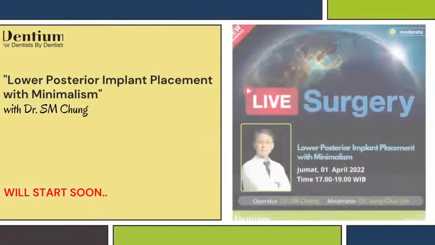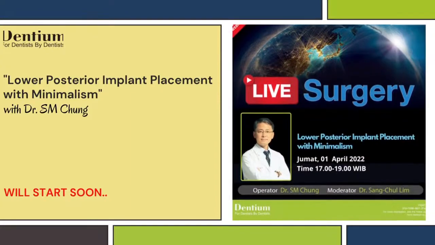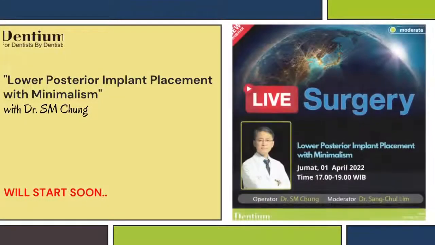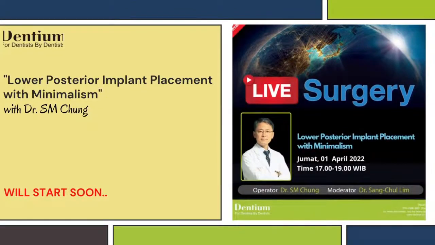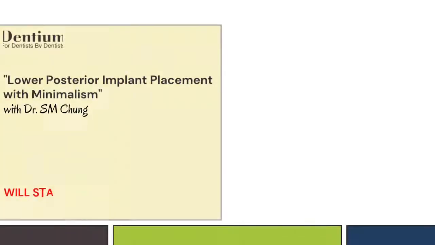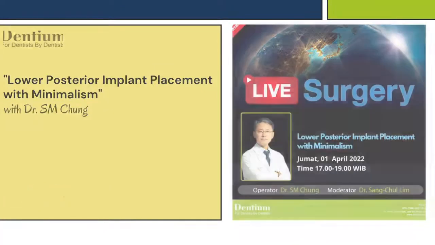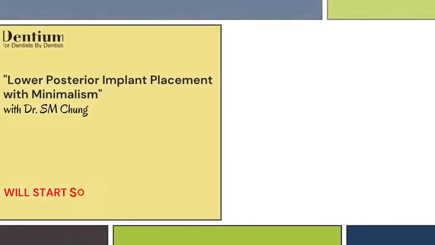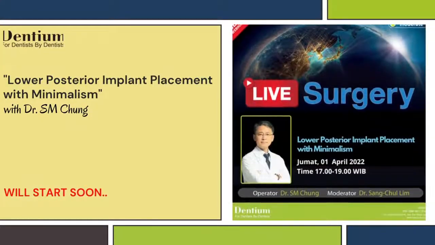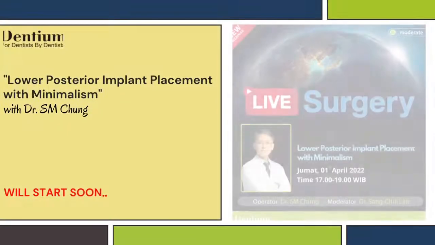Maybe he wants to check the ridge using an interdental knife or a periodontal curette. As you can see, the gingiva and mucosa are very thin, so just a small scratch.